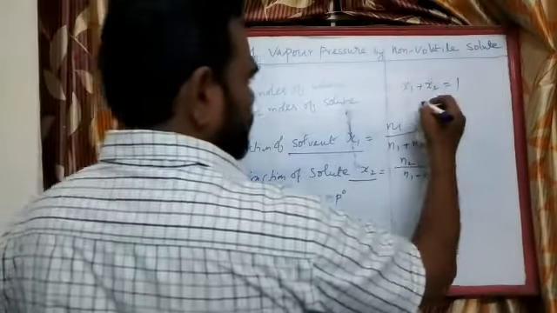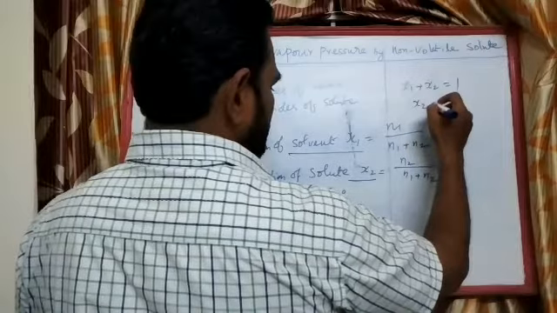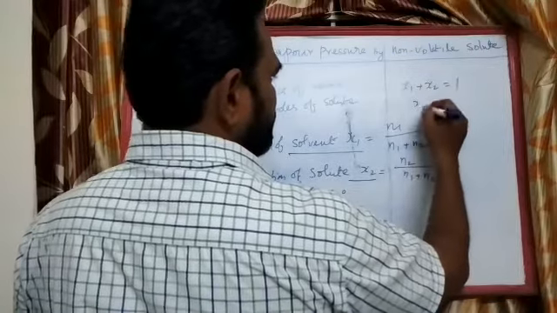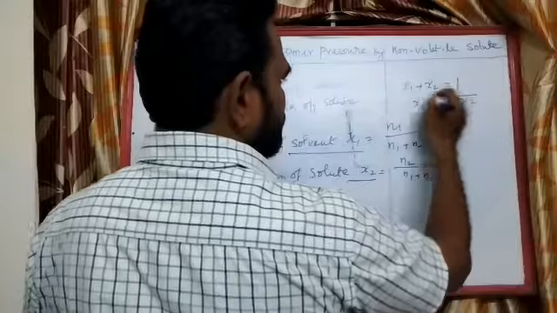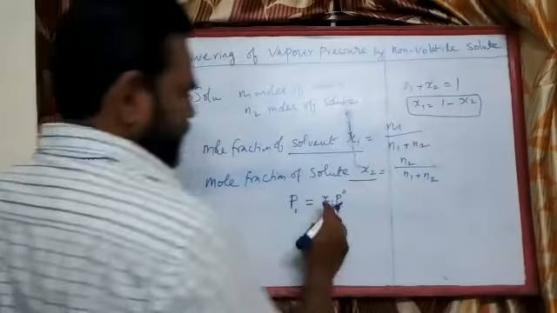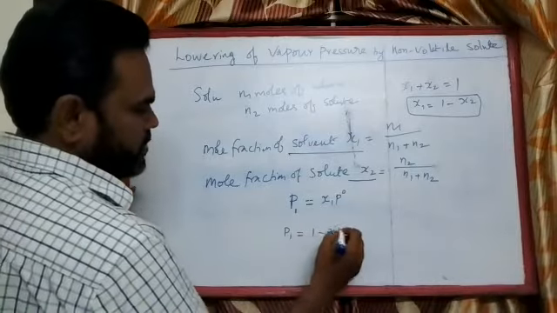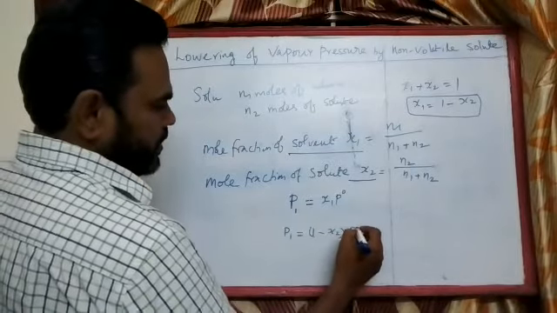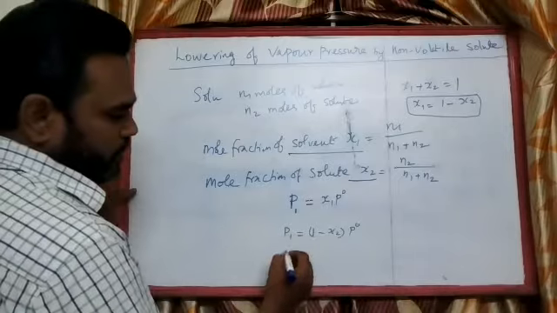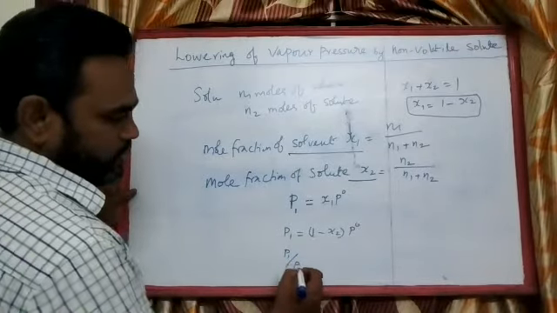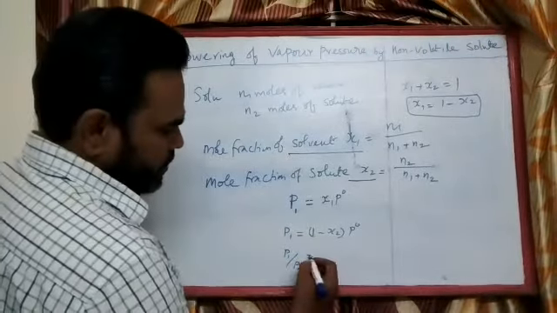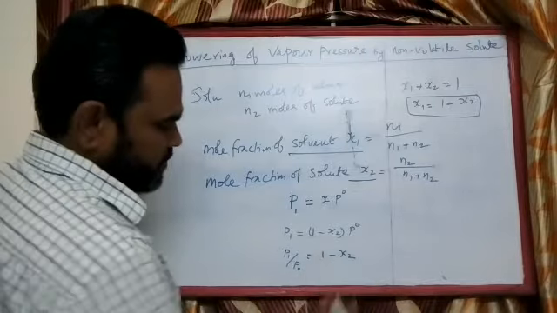Therefore x1 is equal to 1 minus x2. Let us substitute here: P1 is equal to 1 minus x2 into P0. So P1 by P0 is equal to 1 minus x2.